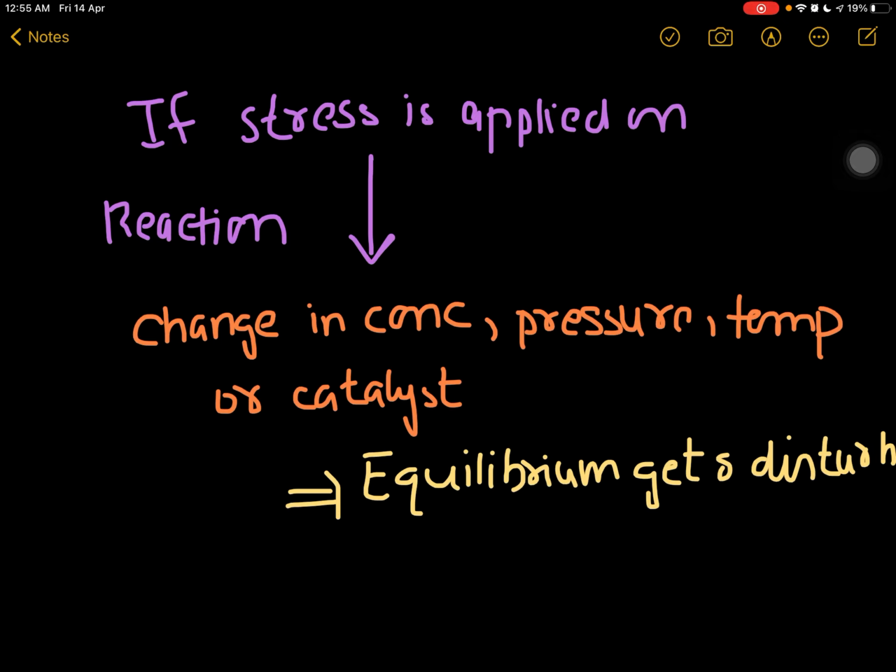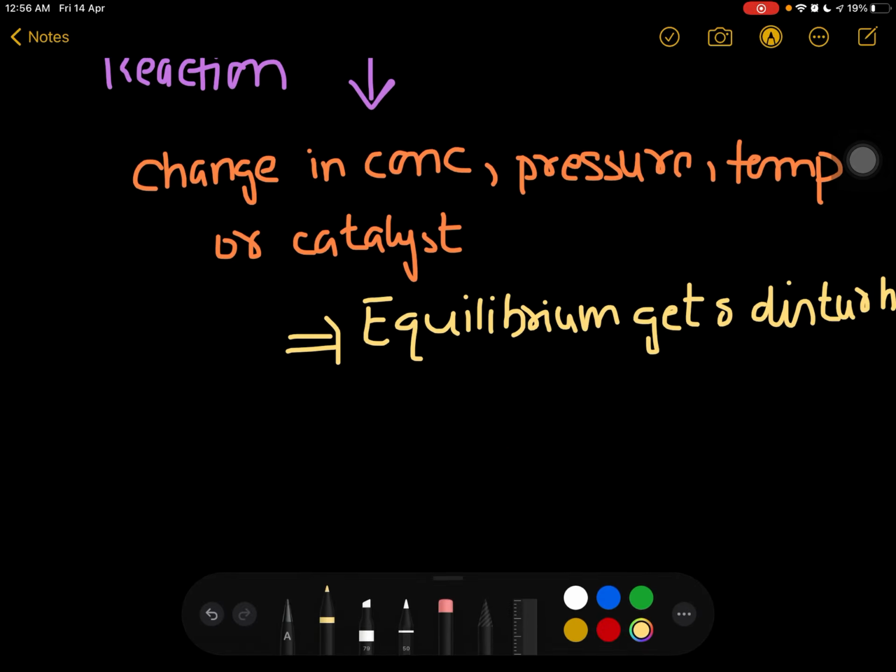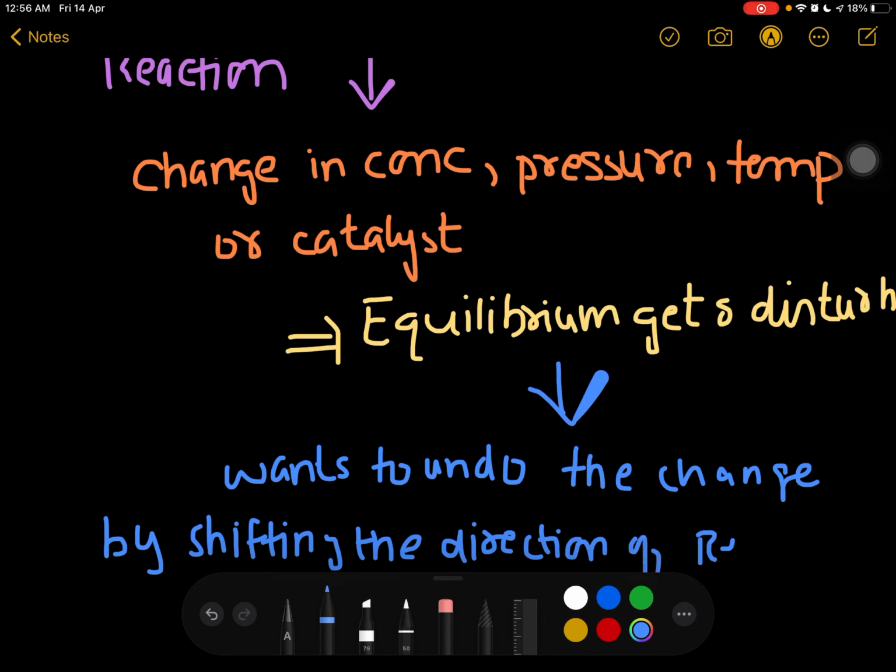Actually, the equilibrium will try to undo the change, right? So the disturbed equilibrium wants to undo the change by shifting the reaction towards a direction, the direction of the reaction.